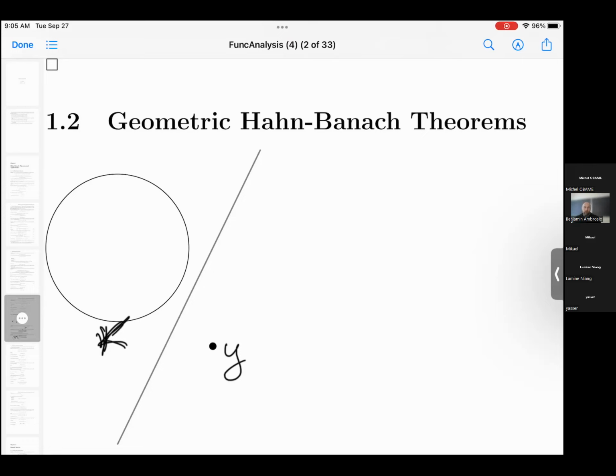So today we are dealing with the geometric Hahn Banach theorems.